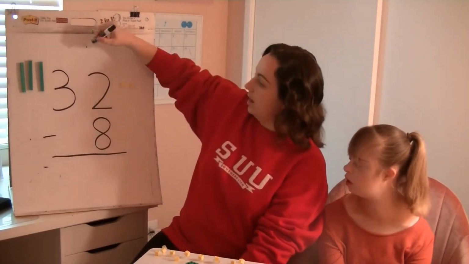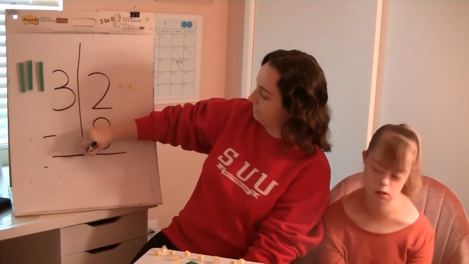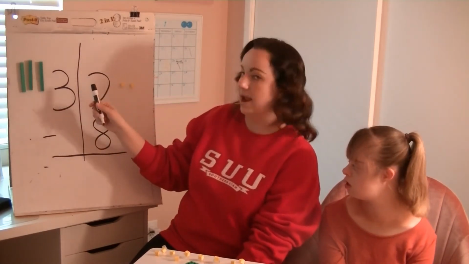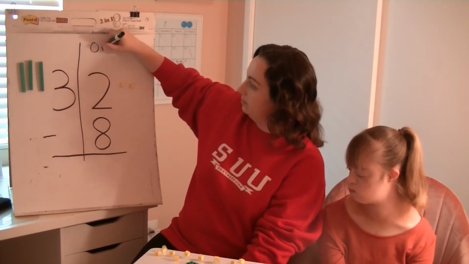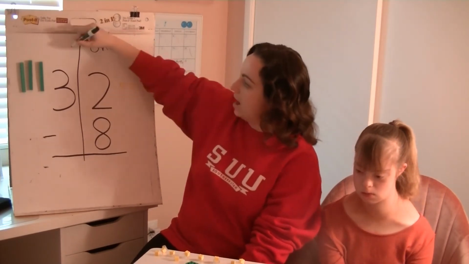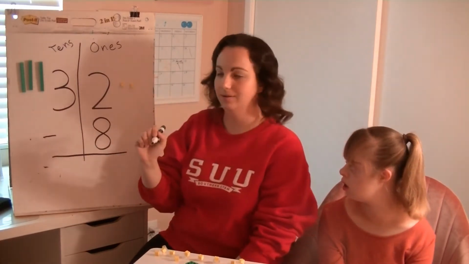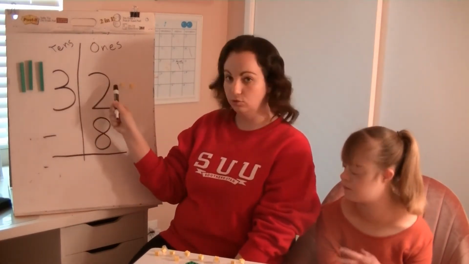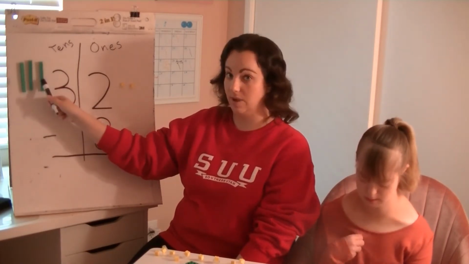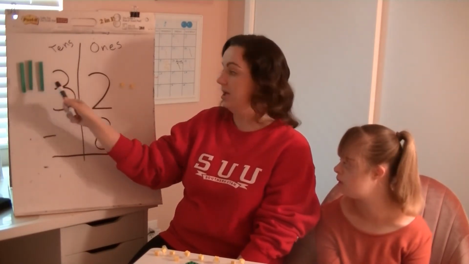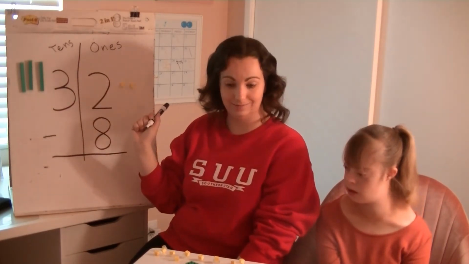We're going to draw a line down the middle of the problem. Now we can easily see our 1 side and our 10 side. Because 32 has 3 tens, 10, 20, 30. Remember, these each represent a 10. And then 32 means 2 ones there.